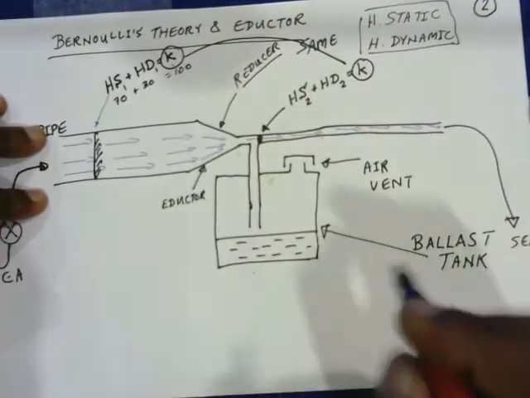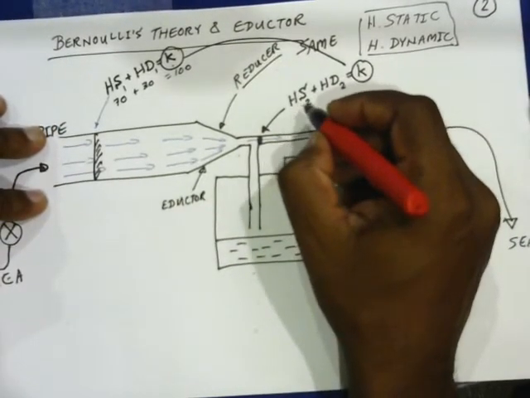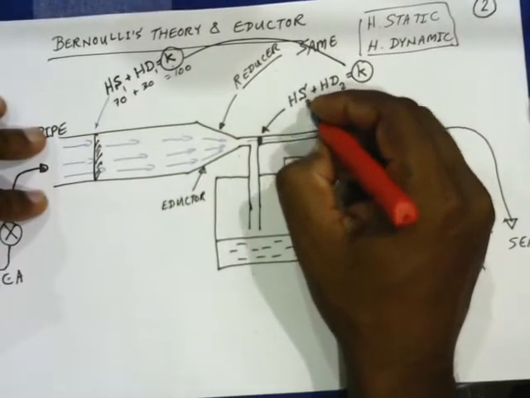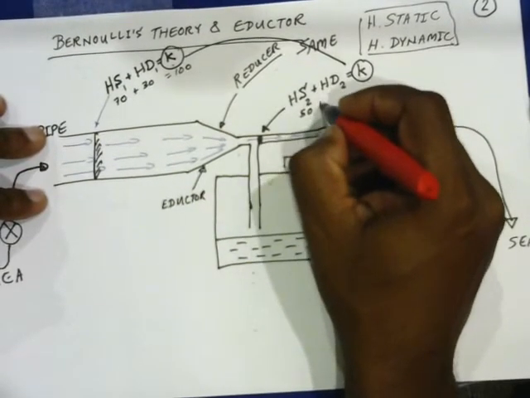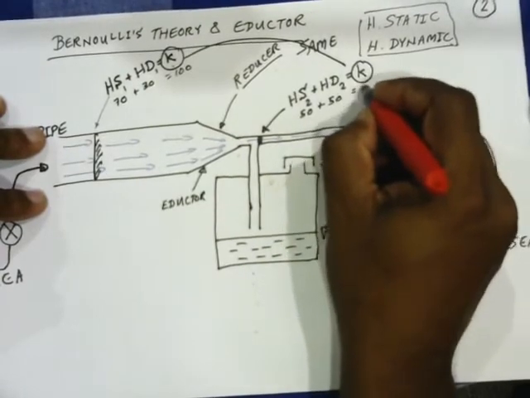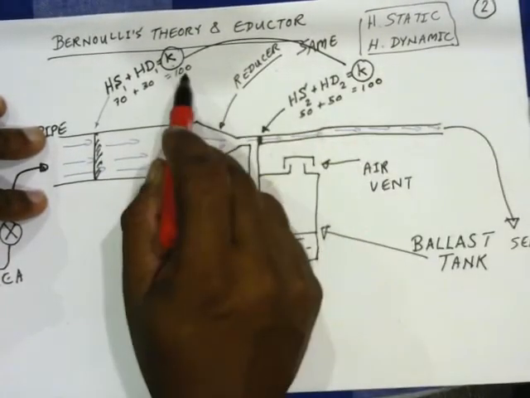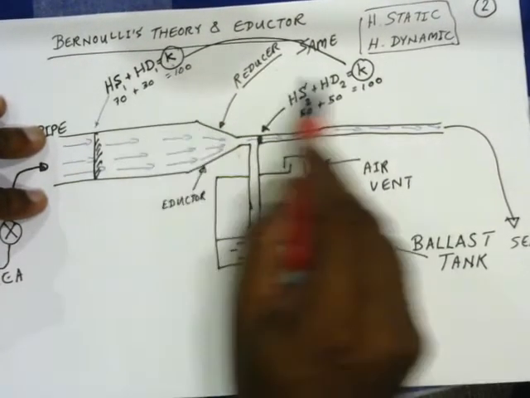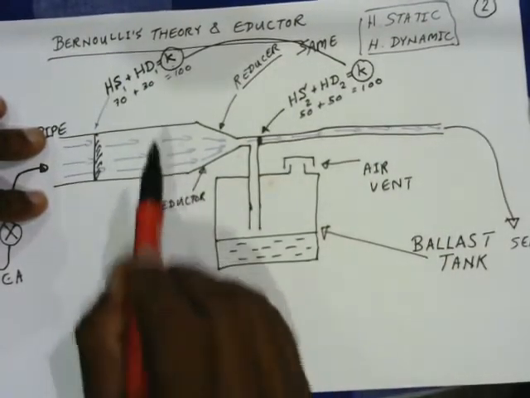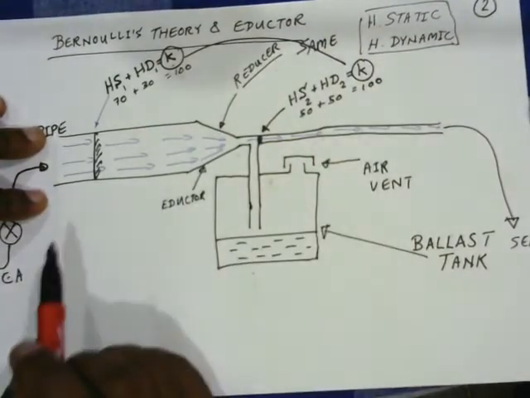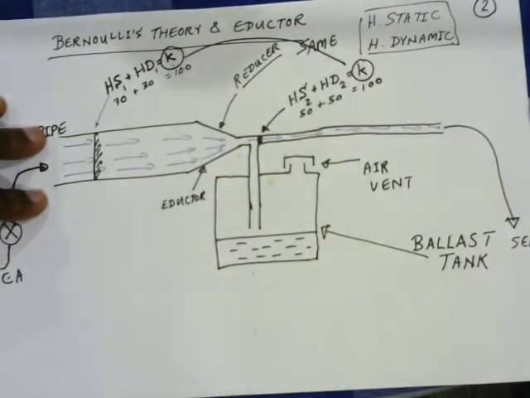It can take a different value. For example, let's say 60 or 50, and 50 equals 100. As long as this 100 and this 100 are the same, as per the Bernoulli theory, this constant and this constant will be the same.